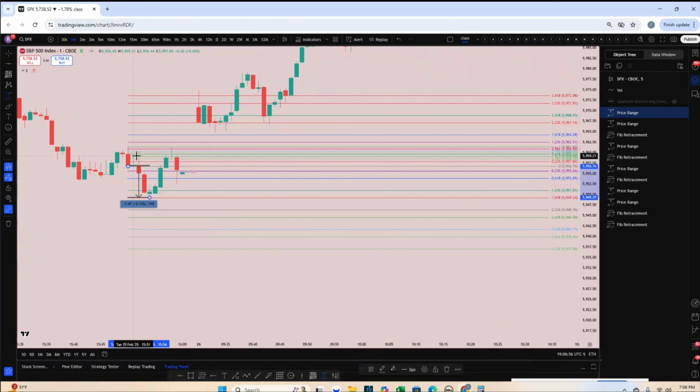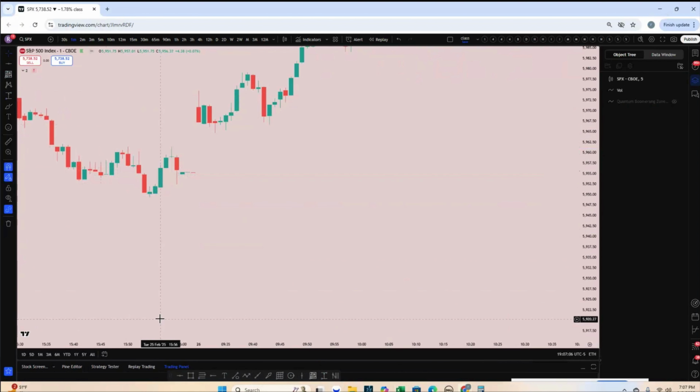Breakout would have been 747. You got it at the retracement at the 0.618 level, you would have gotten almost 10 points, right? Makes sense to everybody? Everybody following? I'm assuming that's a yes. All right.